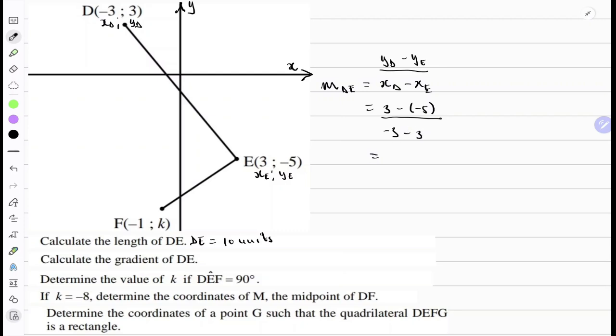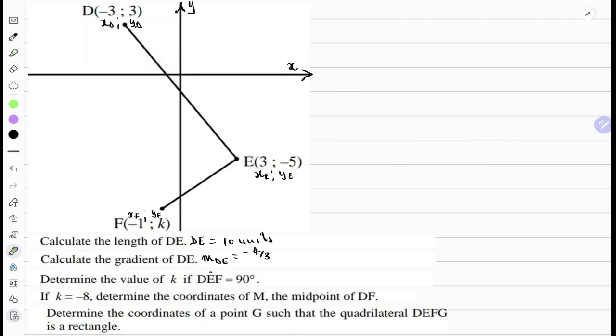So this is equal to 3 minus -5 is 8 all over -3 minus 3 is -6, which is equal to -4 over 3. So we accept this gradient because our slope is negative.